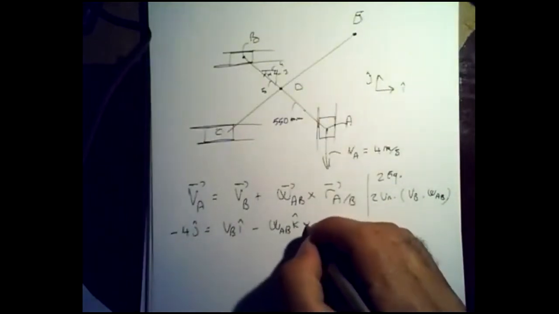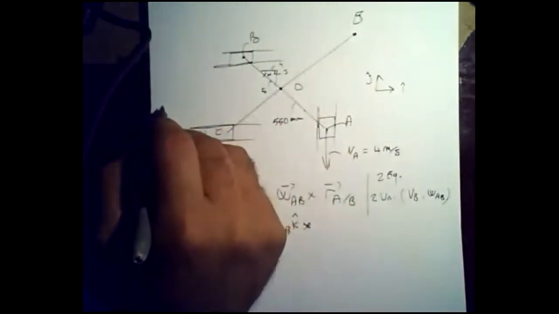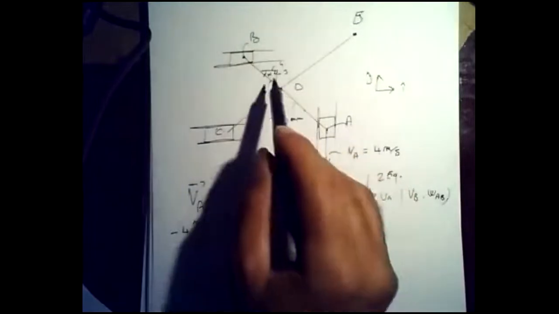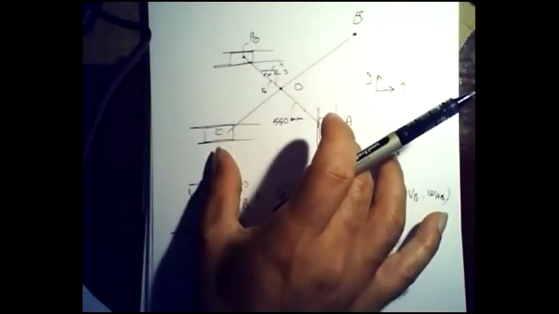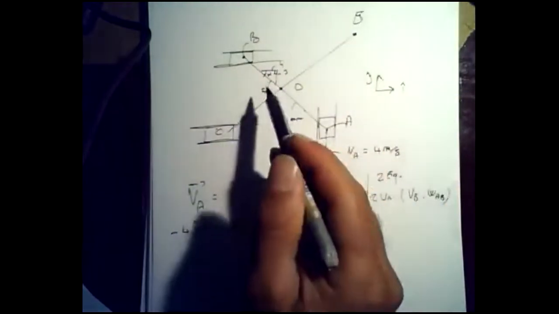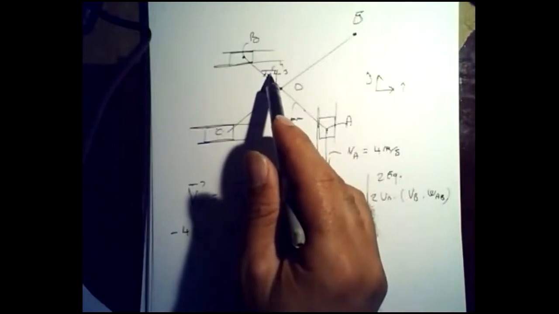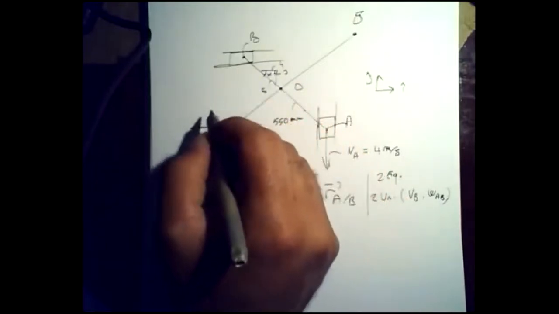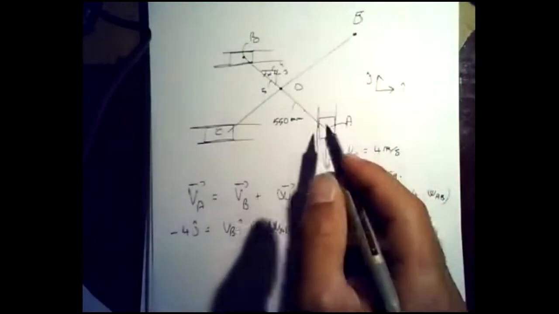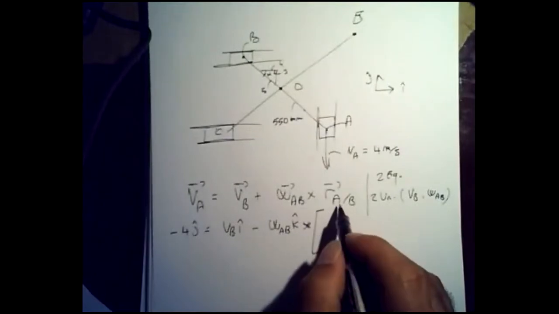Or what I usually like to do is use similar triangles: 4 over the length that I want is equal to 5 over 550. Or I can get the angle alpha, so the I component is 550 times cosine alpha.